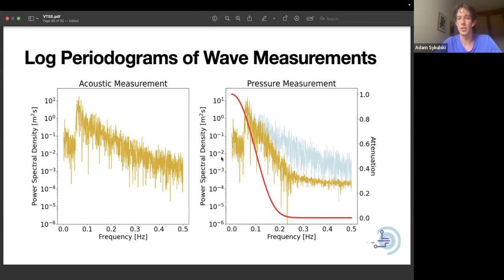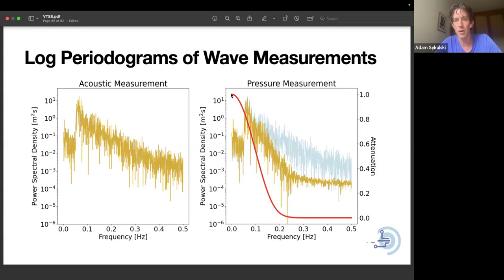What that means, just to explain, is on the left, we have an acoustic measurement periodogram. On the right, we have a pressure measurement, but some of the difference is explained by this red line, because the gold line should, in theory, be the left-hand plot, which I've given in grayscale here, multiplied, attenuated by this red line.